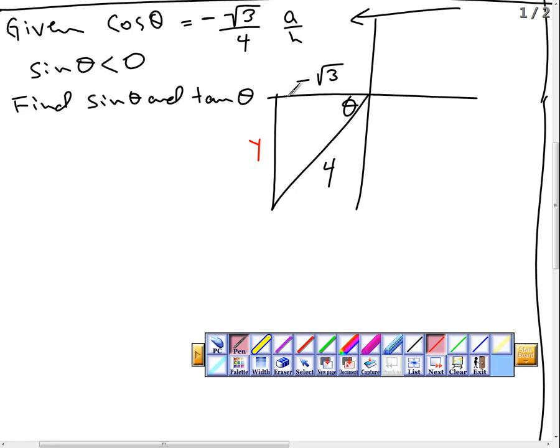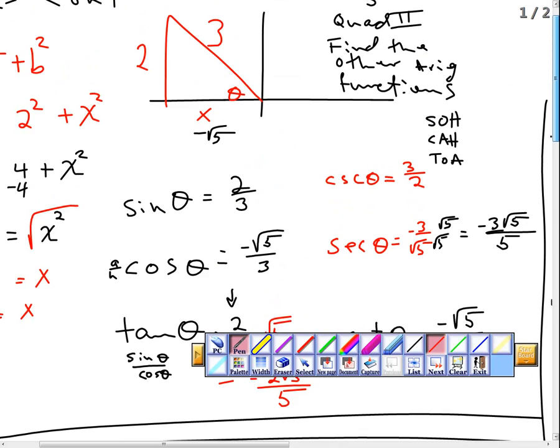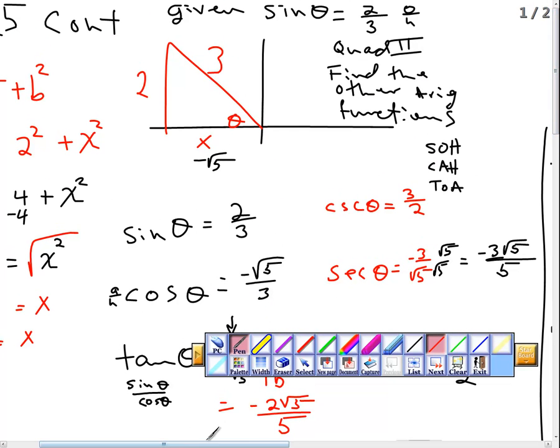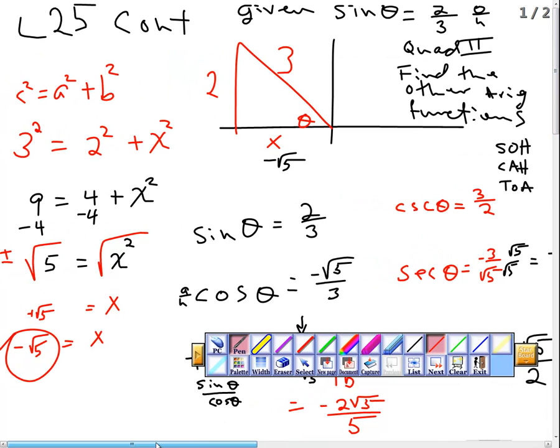So how do we find that? Well, what did we do in the last problem to find the third side? Here's x. Travis? A squared plus b squared. Right.